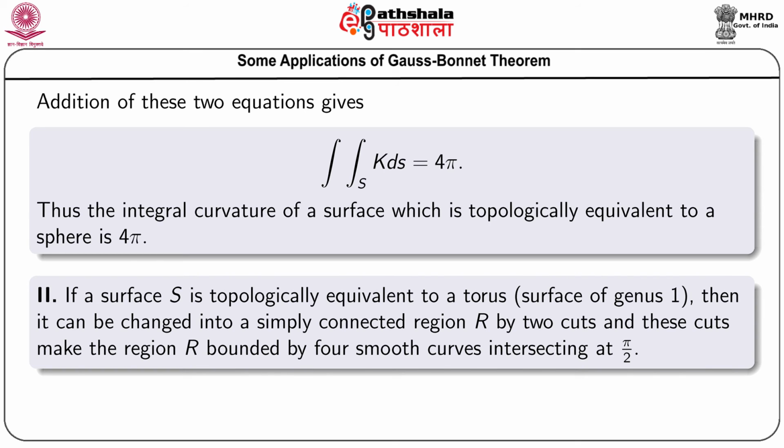So, if a surface S is topologically equivalent to a torus, then it can be changed into a simply connected region R by two cuts, and these cuts make the region R bounded by 4 smooth curves intersecting orthogonally, at pi by 2.